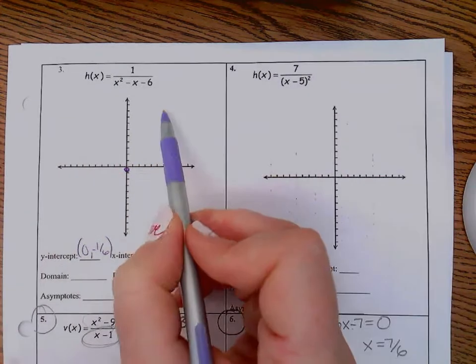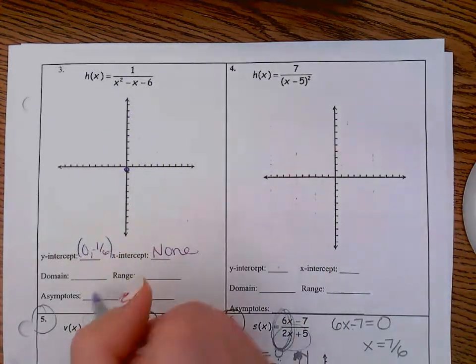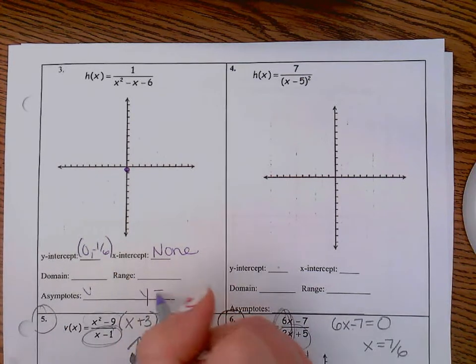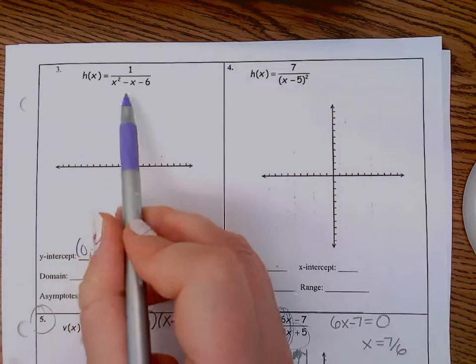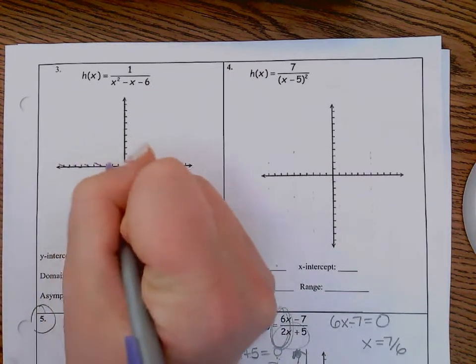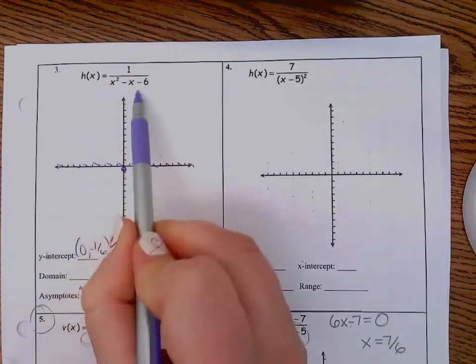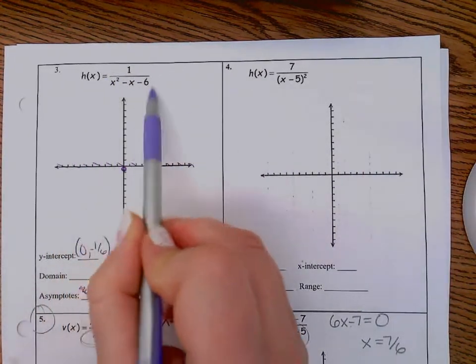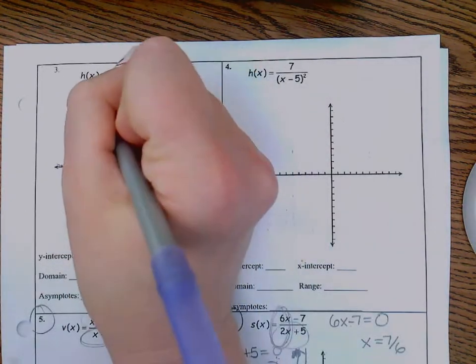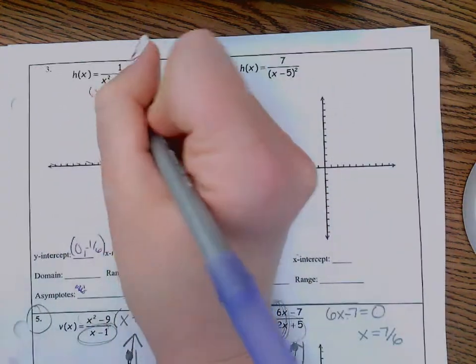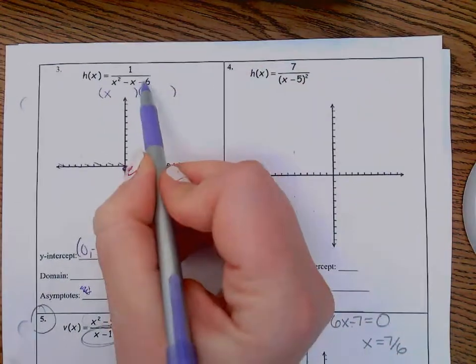My denominator is bigger again. So, oops, that's going to be y equals 0. Oops. I didn't do my vertical asymptotes. My vertical asymptotes are where the denominator is 0. I need to factor my denominator. So what are the factors of negative 6 that would add up to negative 1?